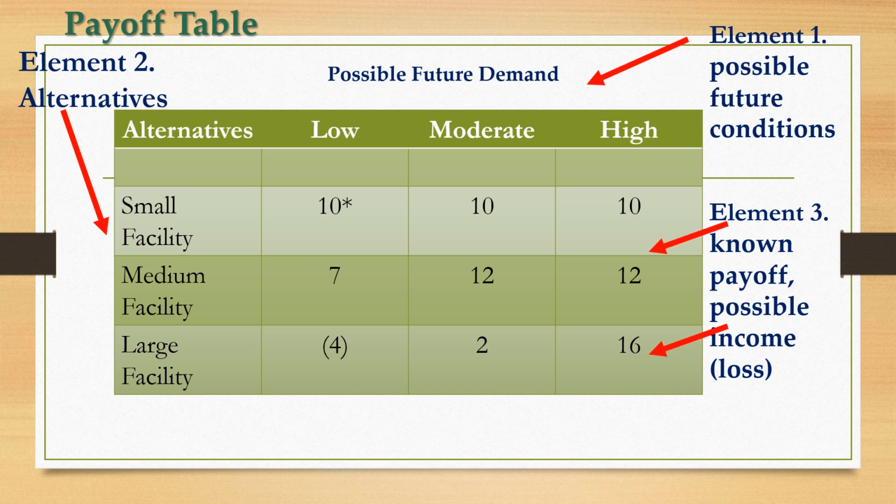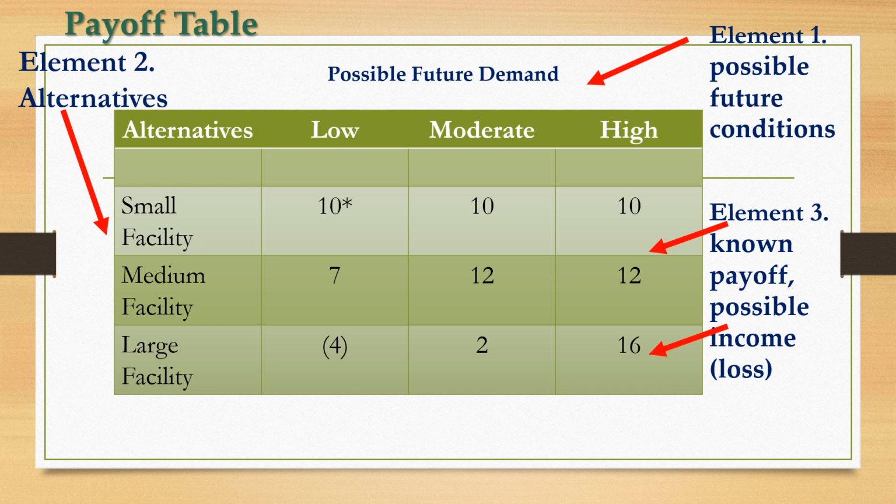So if the payoff is positive, that means income, and if the payoff is negative, that means loss. So the following figures that you can see are represented in terms of millions of pesos. So 10 means 10 million, 7 million, then we have a loss of 4 million pesos.